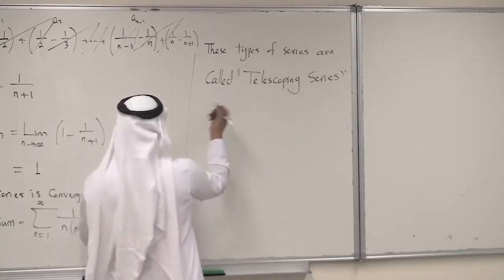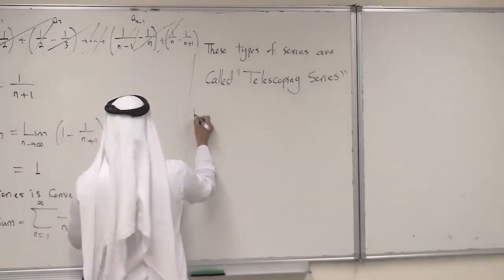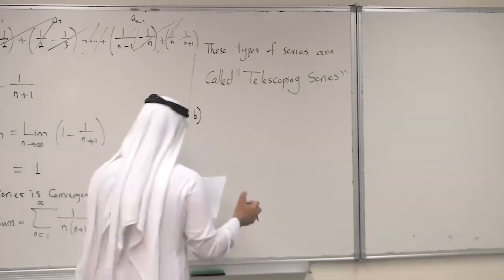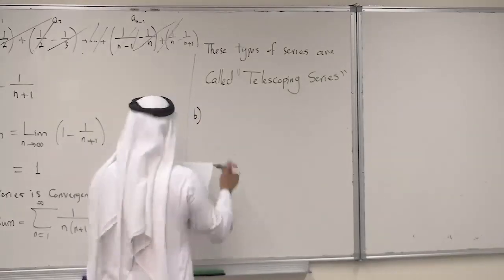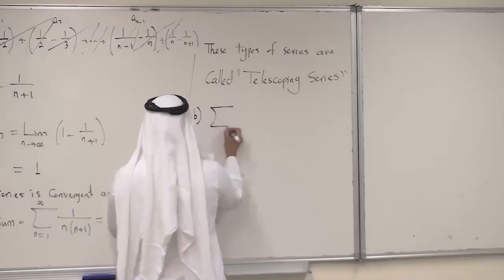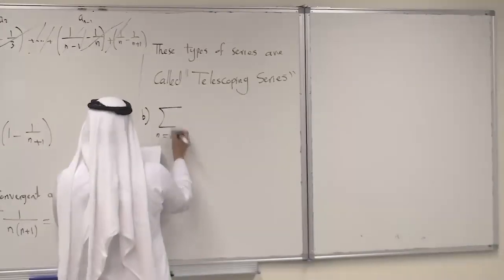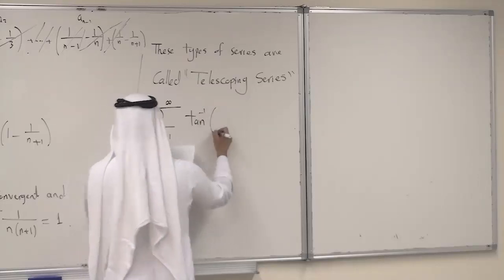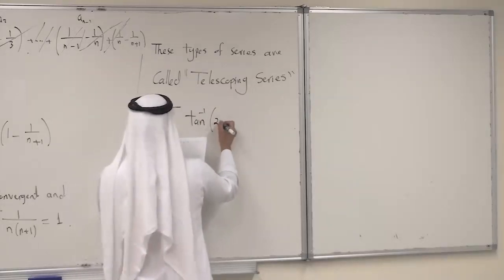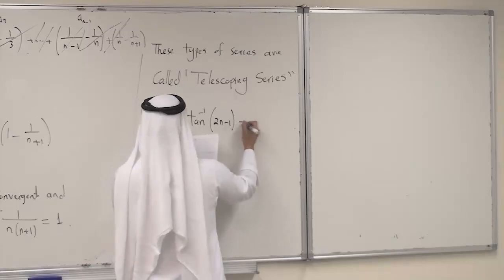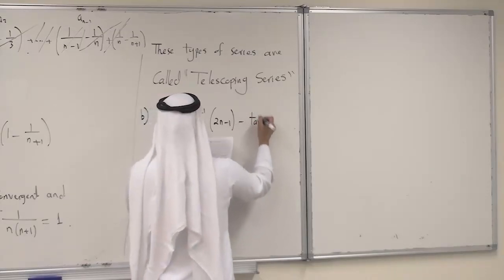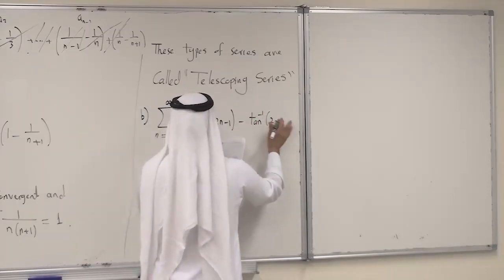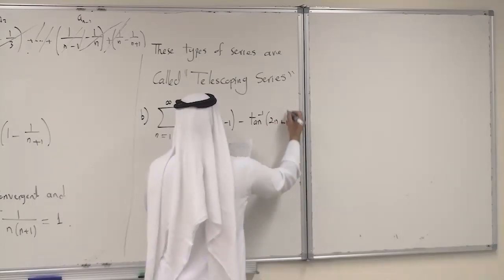We have this other example. Let's call it part B. And we will see if this is convergent or not convergent. We have a series, n equal to 1 up to infinity, of tangent inverse of 2n minus 1 minus tangent inverse of 2n plus 1.